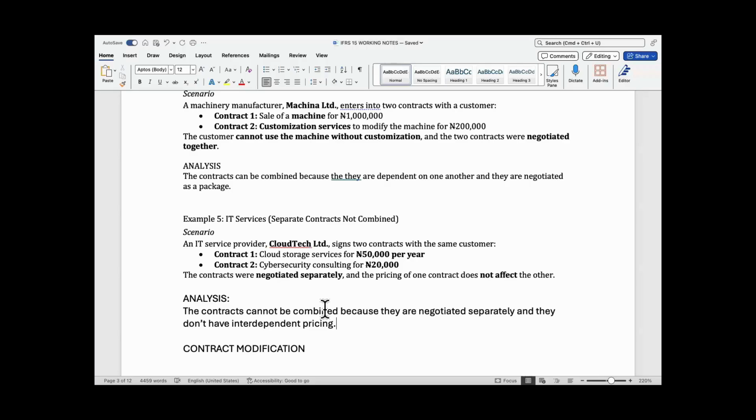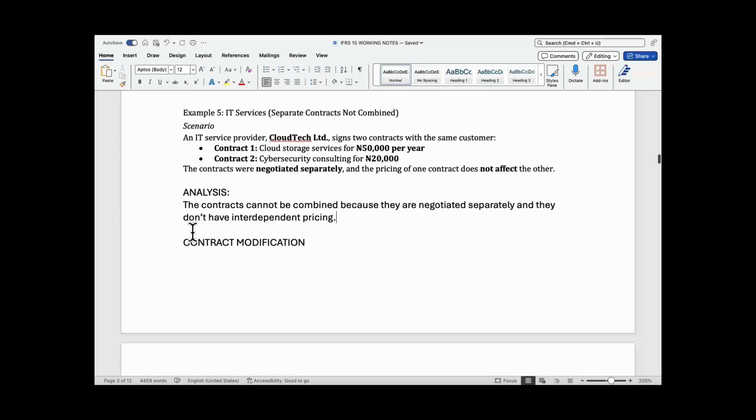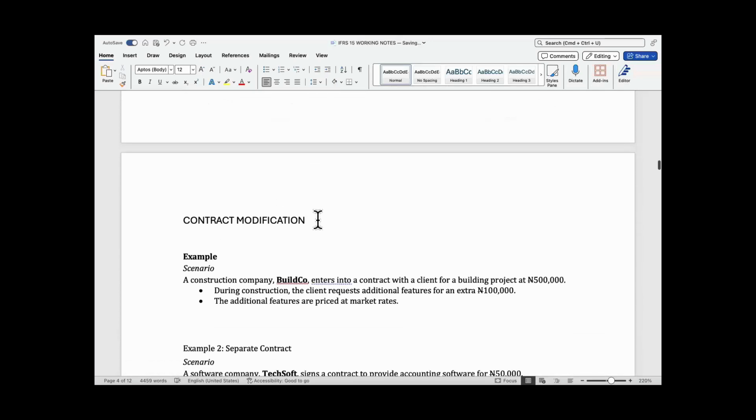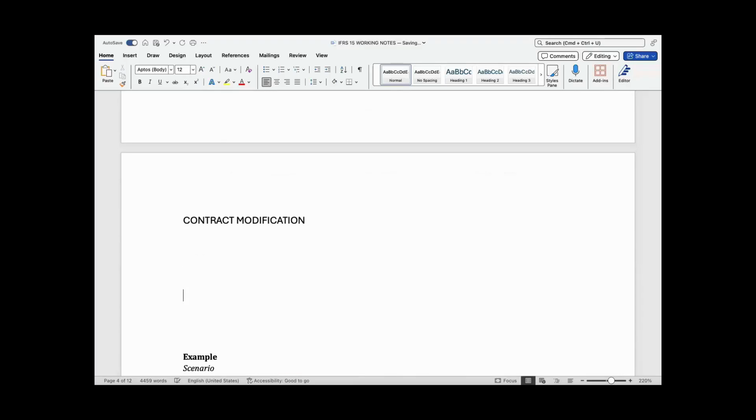Then in those cases, you can combine contracts together. Now, still on step one is contract modification. So a contract modification is a change in the scope or price of a contract.